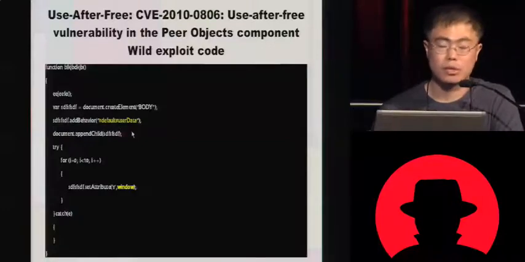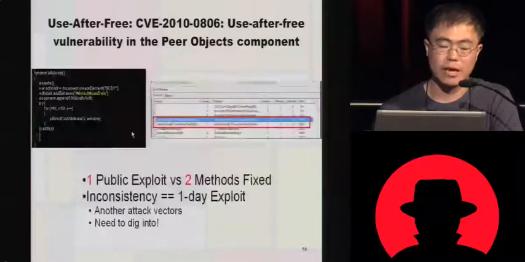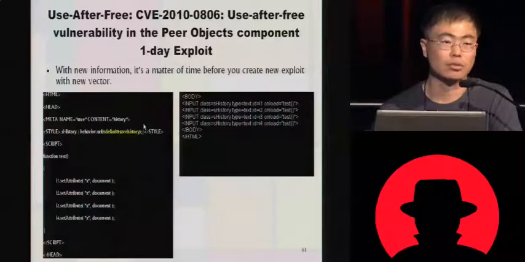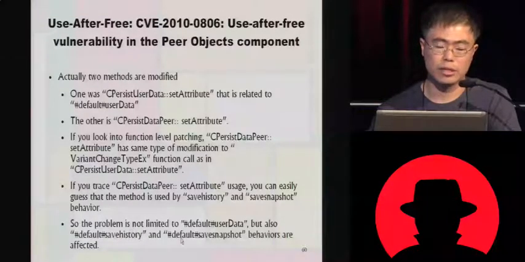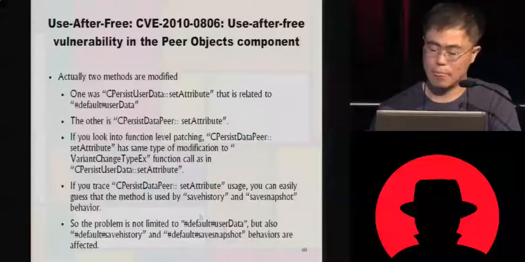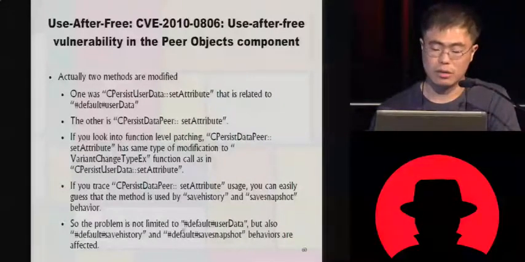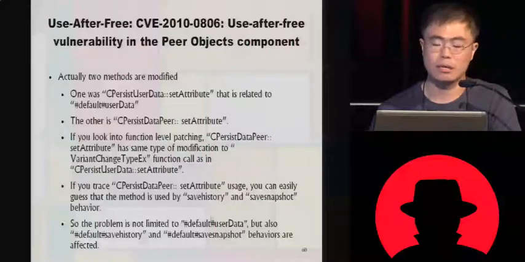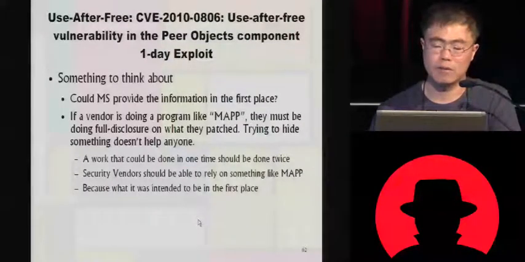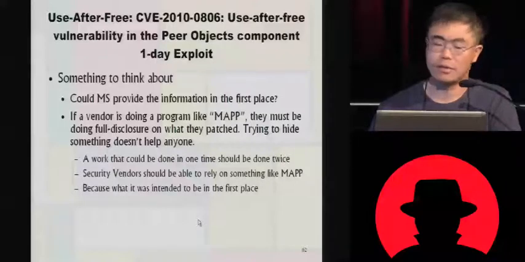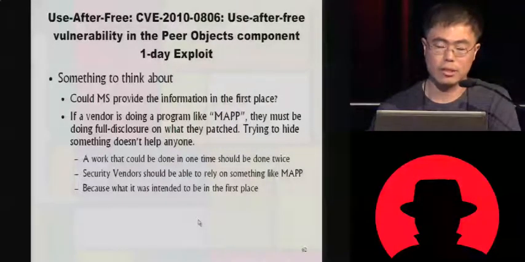So the vendors might have created a lot of signatures related to default user data, but you can still exploit the same kind of vulnerability using this behavior. There is another one, like default save snapshot here. So maybe you can try to create an exploit for this behavior. You can try that one.